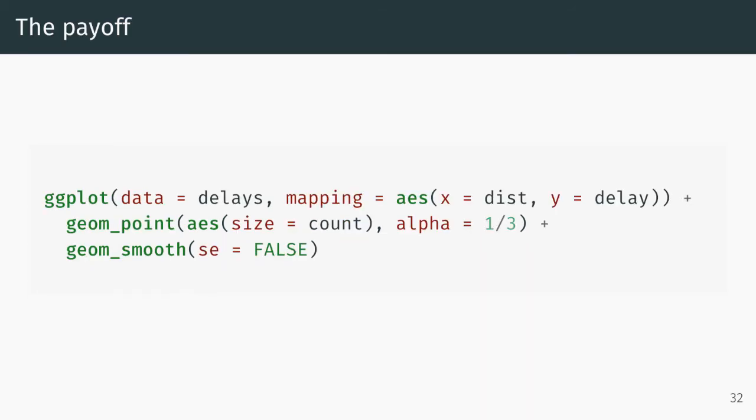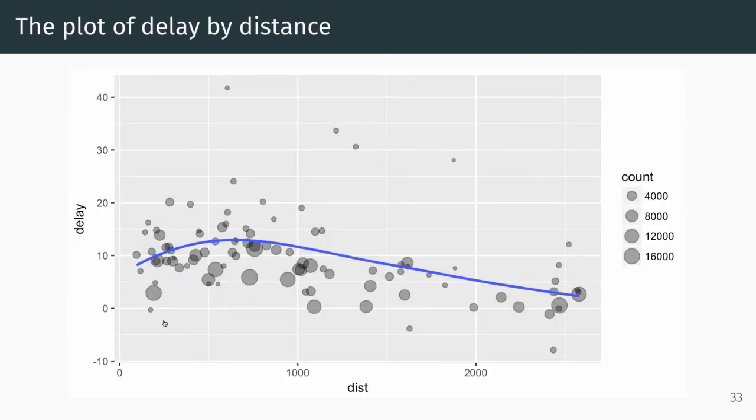And the payoff is that we take that new delays data item and make a new plot from it. That plot gives us the count of delays by distance. This is the distance of the flight. The size of the bubble is the number of flights at that distance, and the delay is the average flight delay.